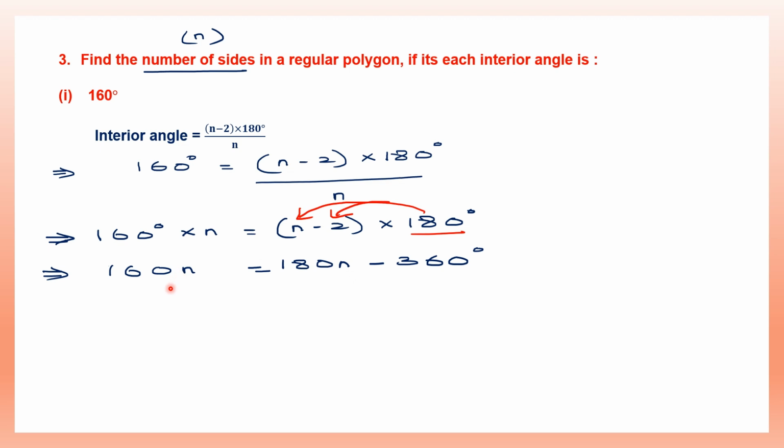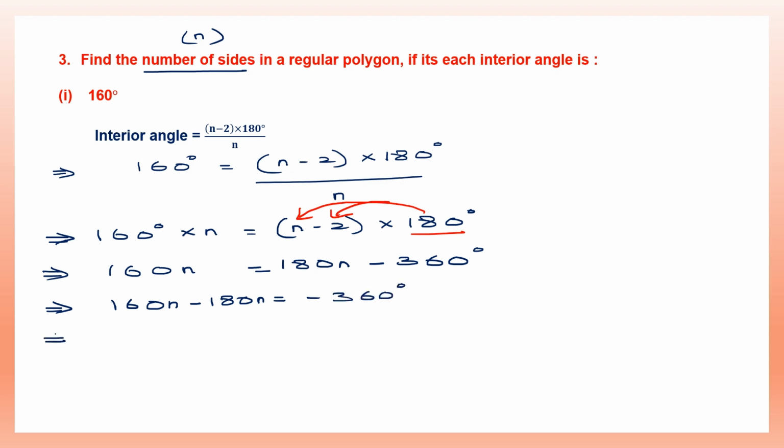Now here I have n and here also I have n. So let me bring all the n to one side. So this is going to be 160n minus 180n, because here it is plus. So when it comes to this side it becomes minus, and it is equal to minus 360 degrees.